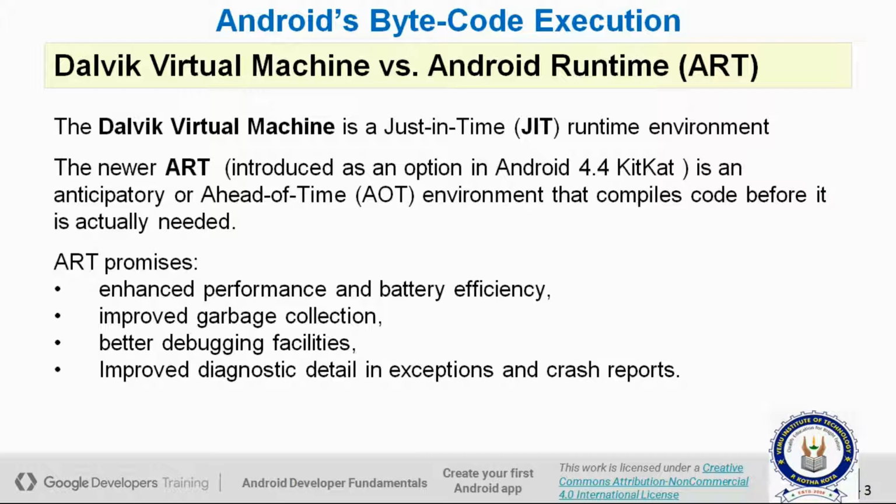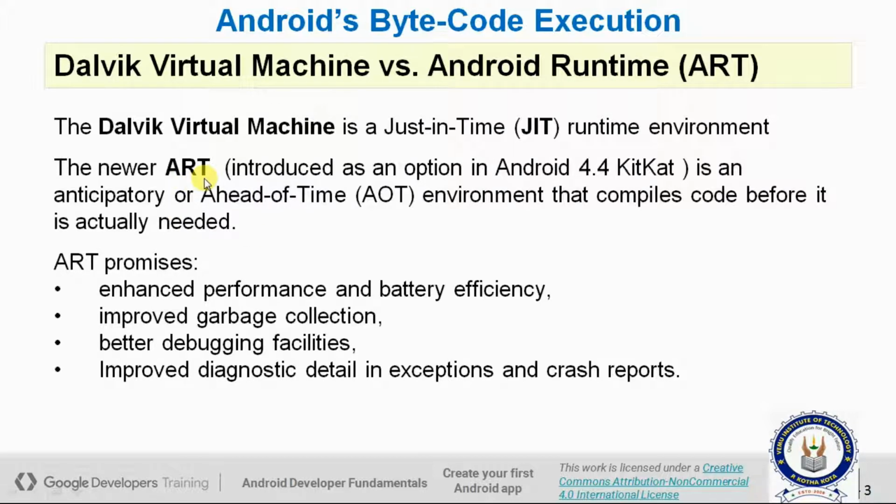Previously, this was a just-in-time runtime environment, similar to Oracle's Java virtual machine, which interprets Android bytecode only when it's needed. Now it is not there. The newer version, introduced from Android 4.4 KitKat, is ART, Android runtime.